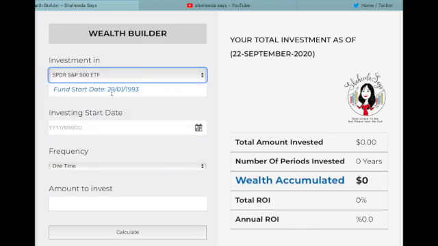And below it says this fund was started in 1993. So for our test run, we want to make sure that we make investments after this date.